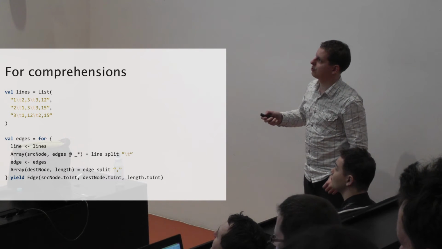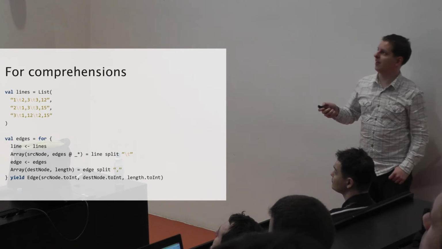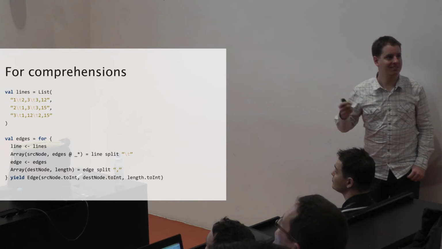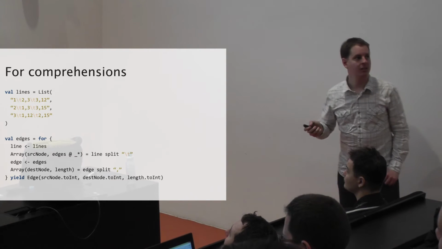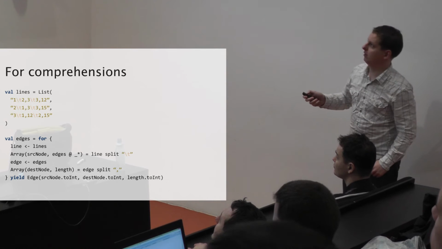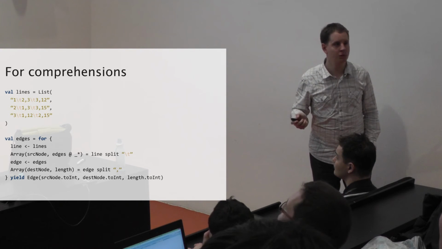And for each edge, inside of the edges, you can see there is no type information, but it's inferred by the compiler for you. The lines is a list of string. Therefore, line is a string. String has a method split, which returns an array of string.